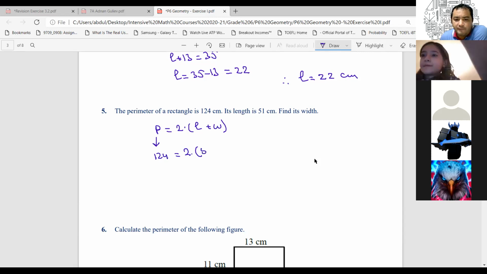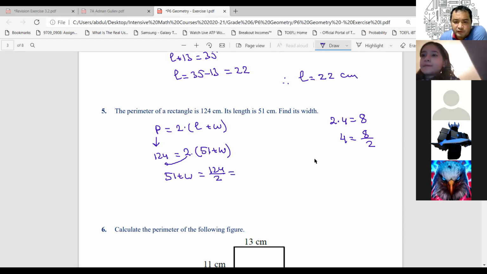Yes, it is 51. 51 plus width, right? If 2 times 4 is equal to 8, that is the same as 4 equals 8 over 2. If something is multiplied, I just take it to the left-hand side as division. So 51 plus W is equal to 124 over 2.